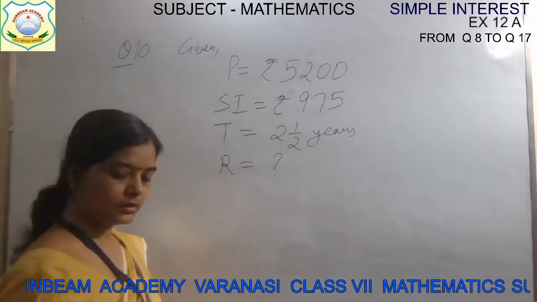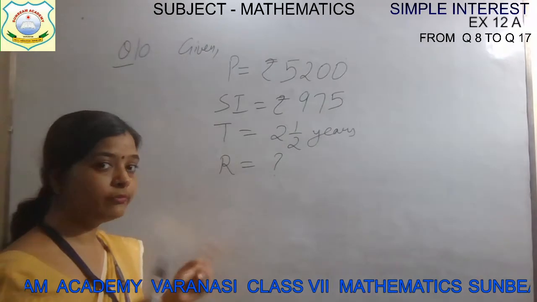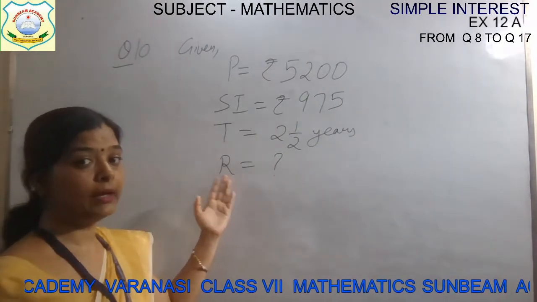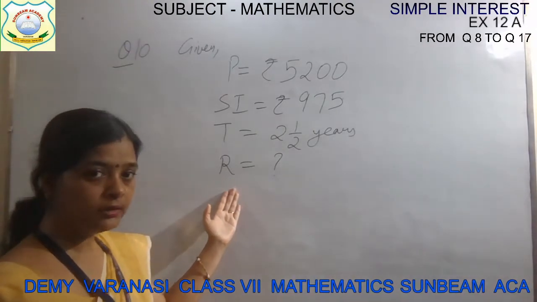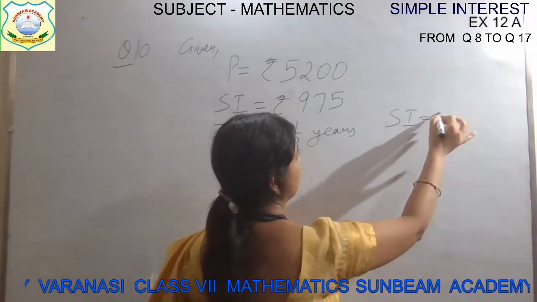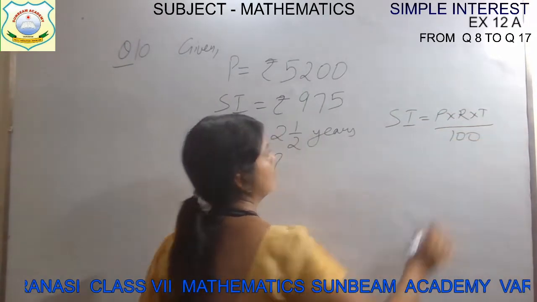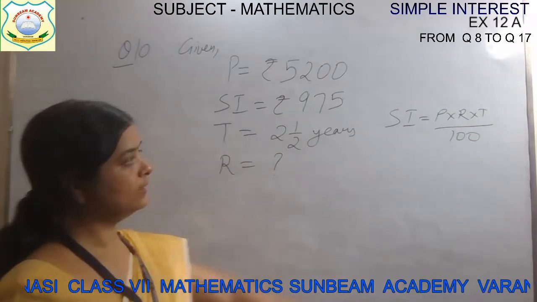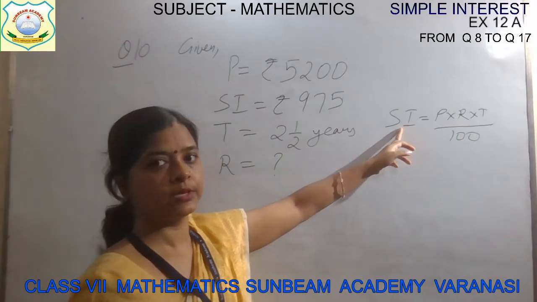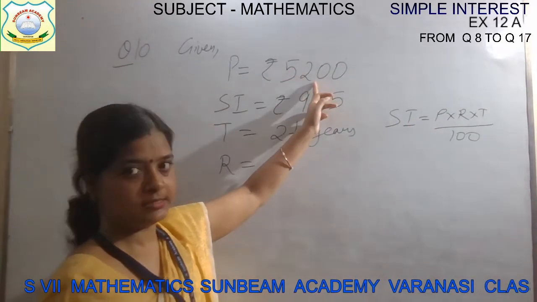Okay. Now again we have to think. We have to find the rate. So in which formula will we get this variable? In the simple interest formula, P into R into T upon 100. Just see the rate, children. Do you know the simple interest? Yes. Do you know the principal money? Yes.